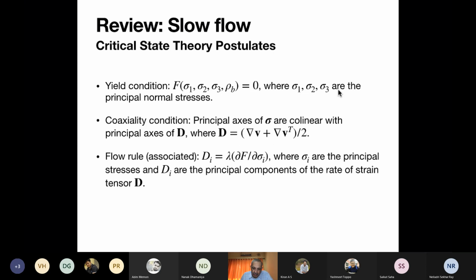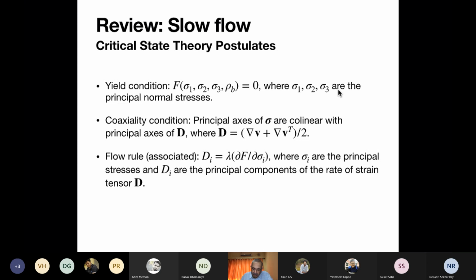So for this critical state theory, we need the yield function, where sigma 1, sigma 2, sigma 3 are the principal normal stresses, and rho b is the bulk density. The second condition is that the principal axis of the stress and the principal axis of the rate of deformation tensor, where d is just gradient of v plus gradient of v transpose divided by 2, are collinear.